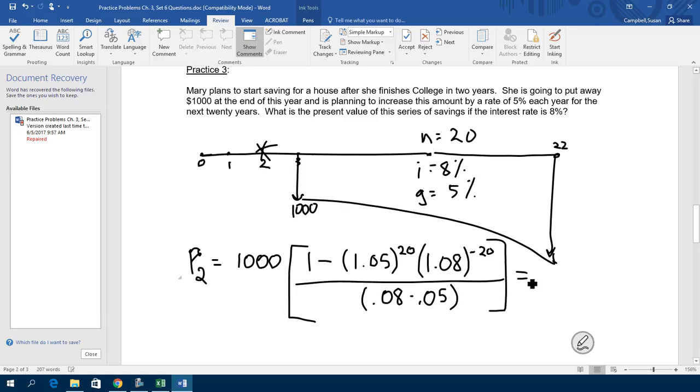And that's going to give us a value of $14,358.